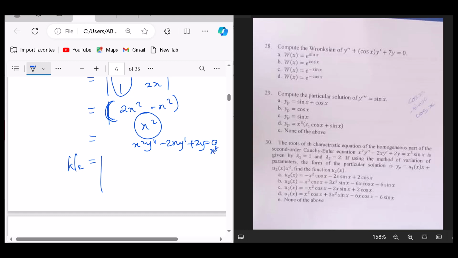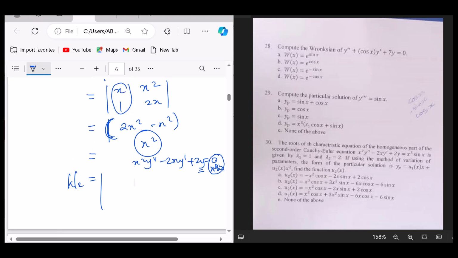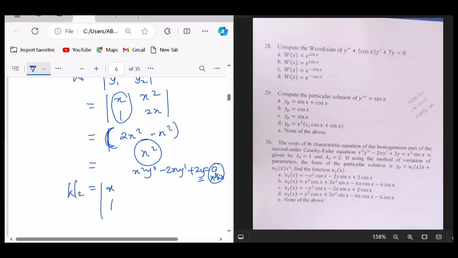So we leave the first column, which is just x and 1, then replace the second column with 0 and then x cubed sin x.